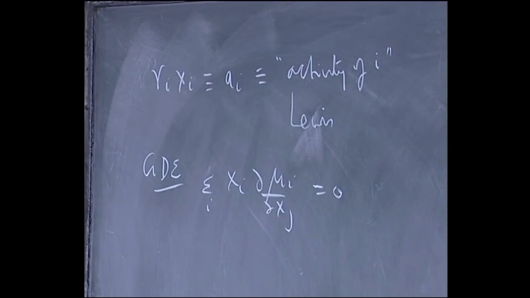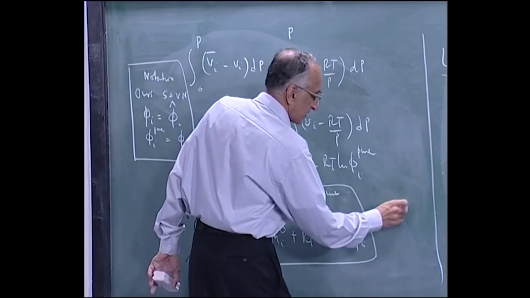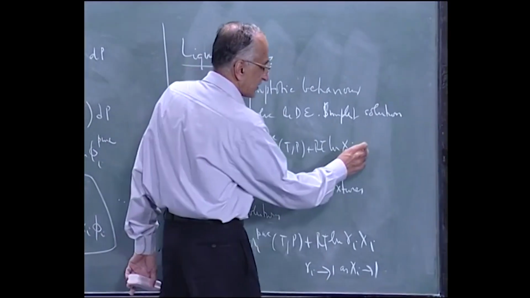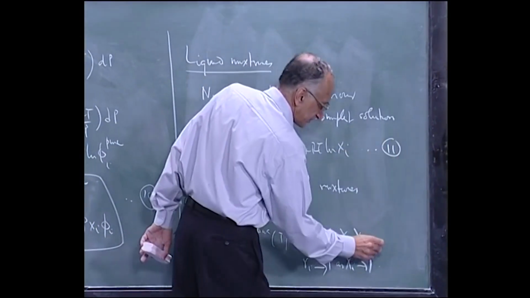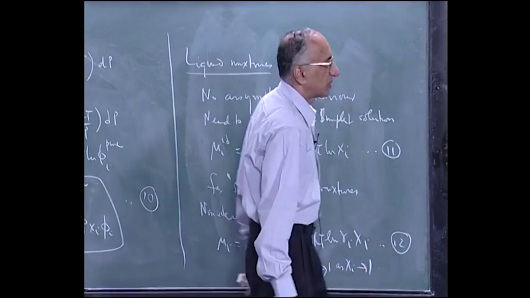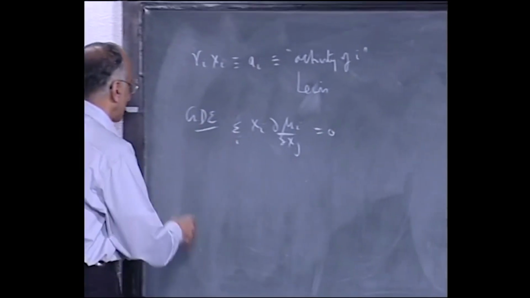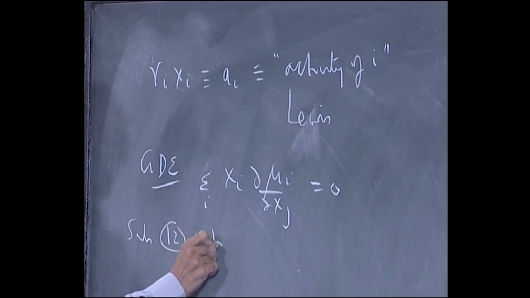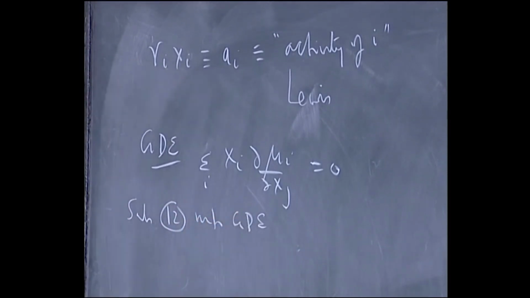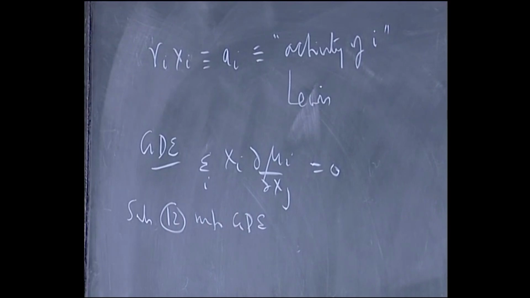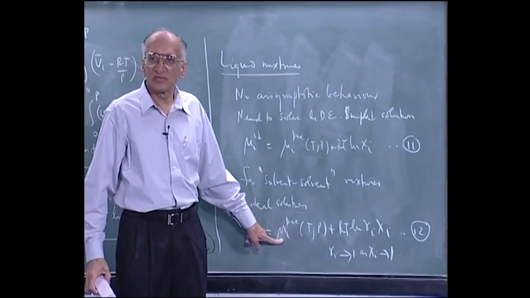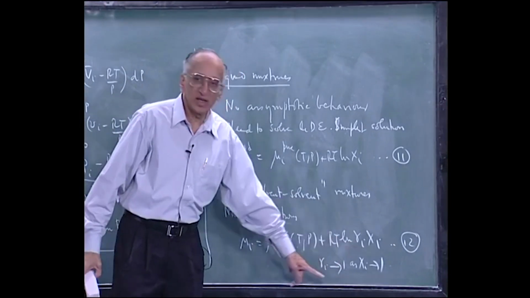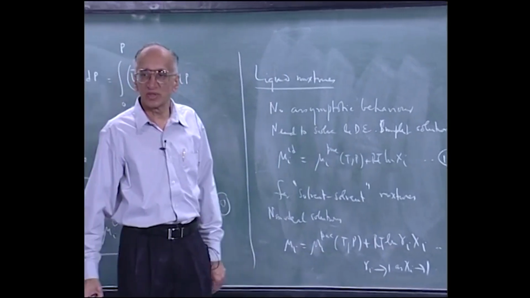We finished 9 last, we will call this 10, this 11, 12. So substitute 12 into the Gibbs-Duhem equation, and do this by inspection. Mu I pure is not a function of xj at all, so all of it will cancel. RT ln xi satisfies the Gibbs-Duhem equation.